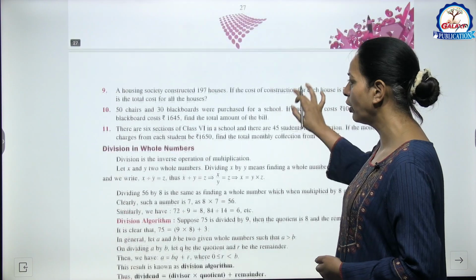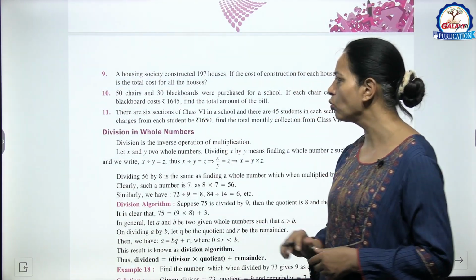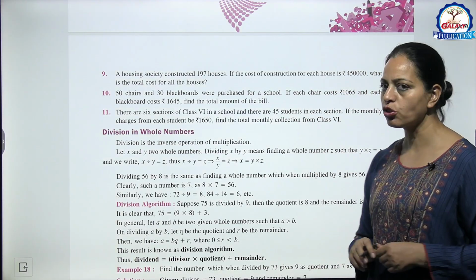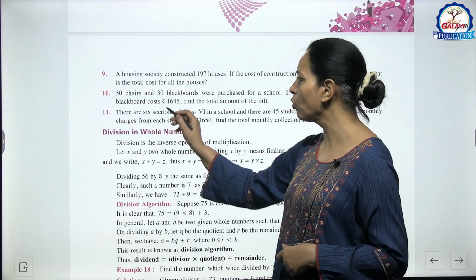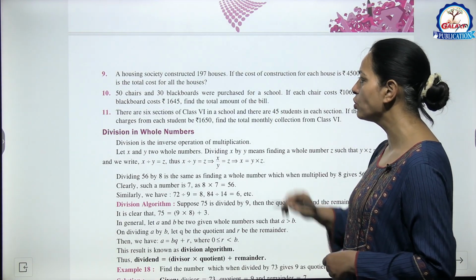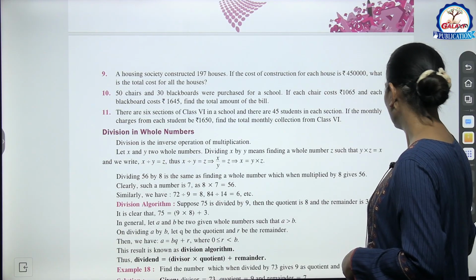Like here, see one question, the 10th question. 50 chairs and 30 blackboards were purchased for a school. If each chair costs rupees 1065 and each blackboard costs rupees 1645, find the total amount of the bill. So what will you do?